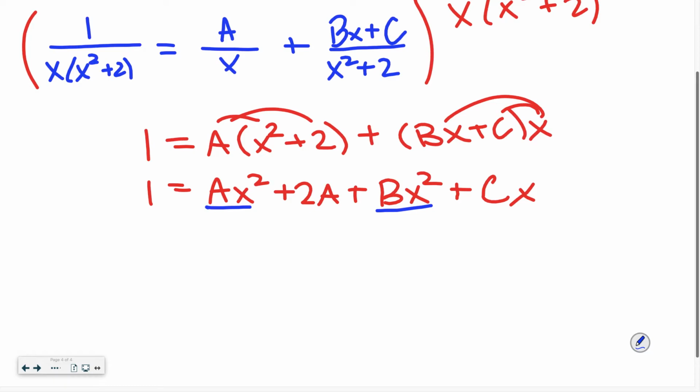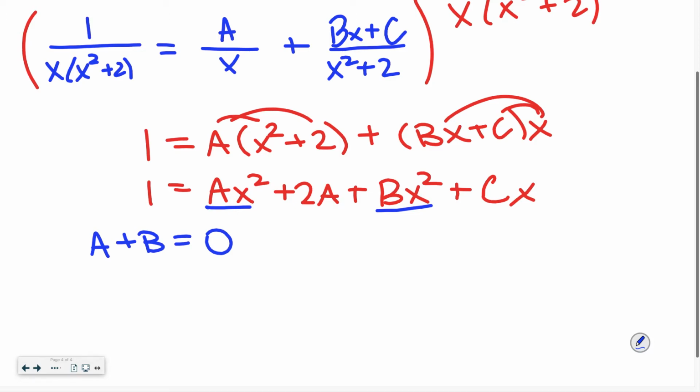Is there an x squared over here? So a plus b better equal 0 because the coefficient of x squared on the left better match the coefficient of x squared on the right. And if there's no x squared over here, then ax squared plus bx squared better add together to be 0. Oh, that makes sense.